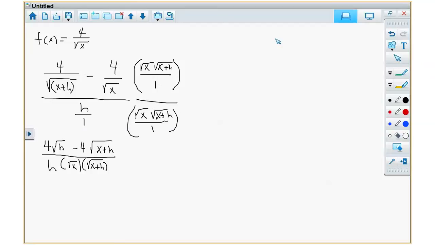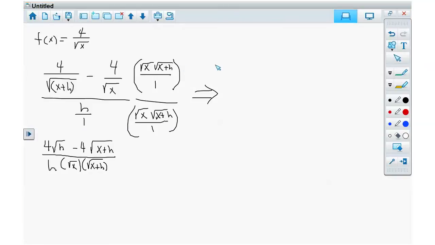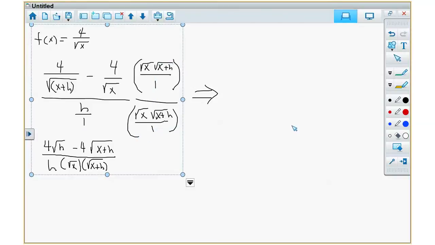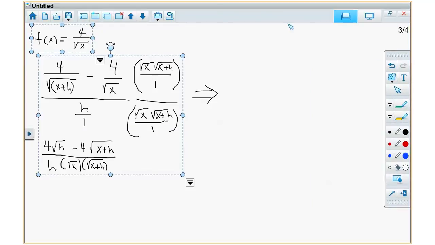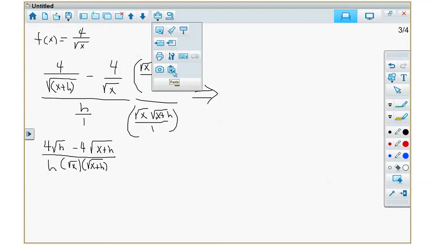I still don't understand how you got to that one on the bottom. This right here? Okay, well, I'll put a baby step in here for you. And what I'll do, let me see if I can do this. Nope. Let's try this. Now just bear with me a second.